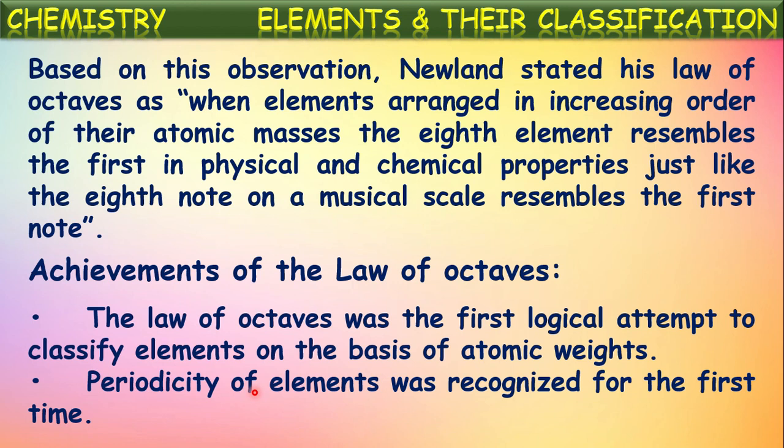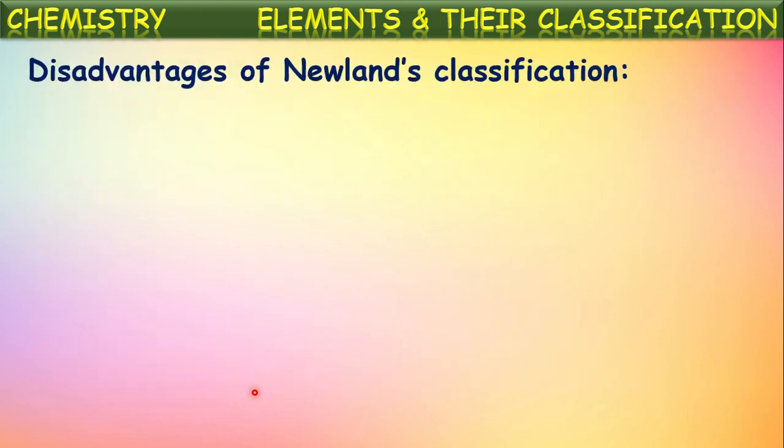That repetition of properties from one element to a certain element was known as periodicity. Reappearance of properties from one element to another element in the order at certain intervals is known as periodicity. So this periodicity in the properties of elements was recognized for the first time in Newlands' octaves. We can say these are the achievements of the law of octaves.